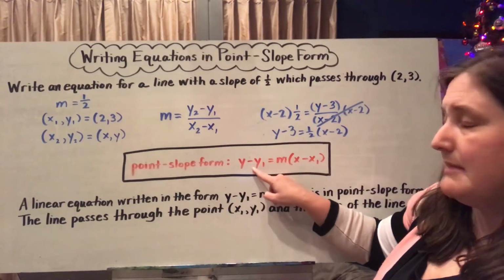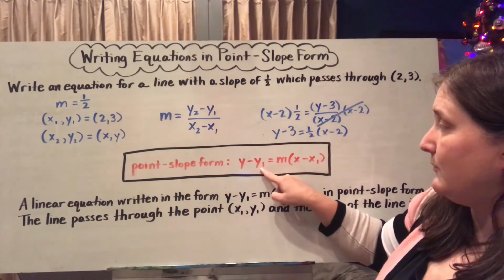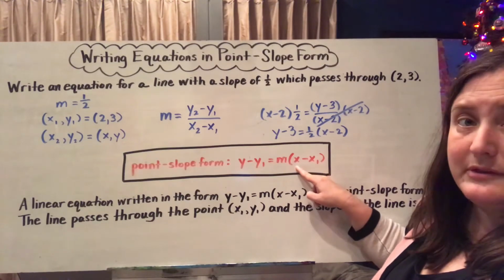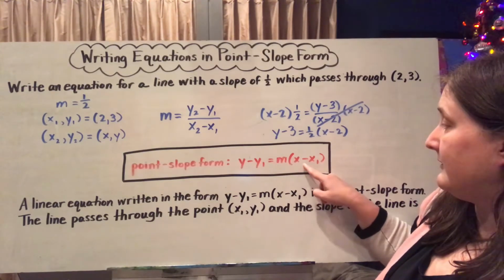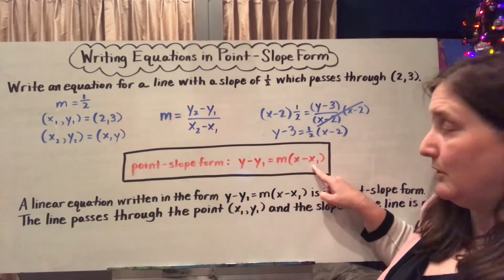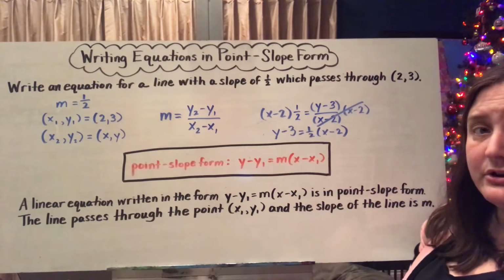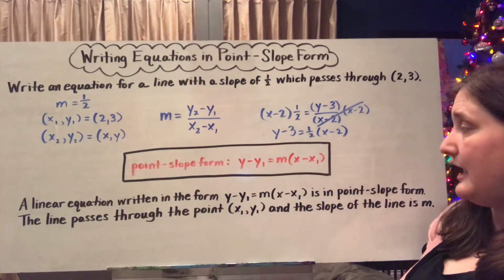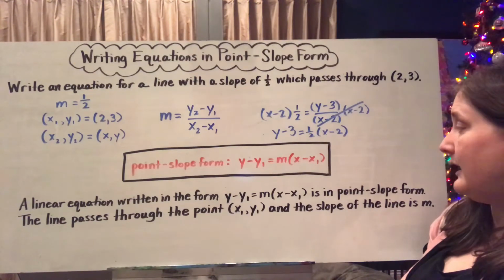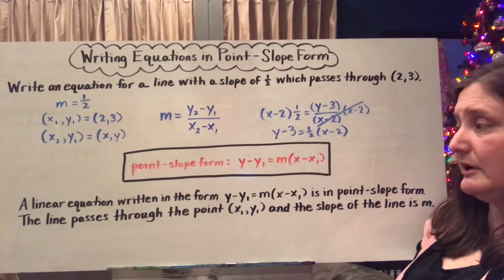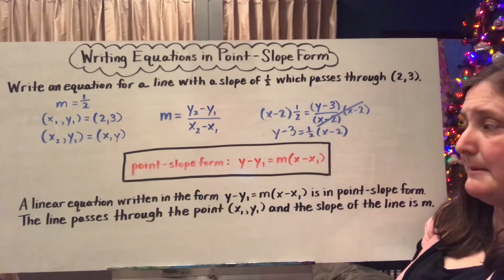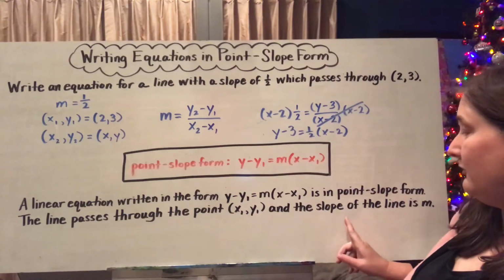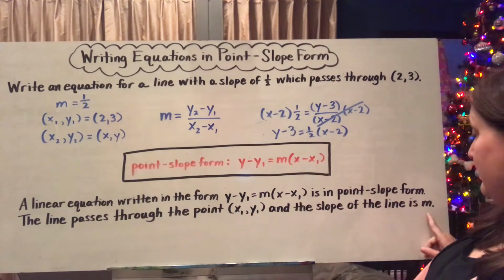It's y minus the y-coordinate for the first point, y1, equals my slope times the quantity x minus the x value for point 1. And a linear equation that's written in this form, y minus y1 equals m times the quantity x minus x1, is in what we call point-slope form. The line passes through this point (x1, y1), and the slope of the line is equal to the value m.